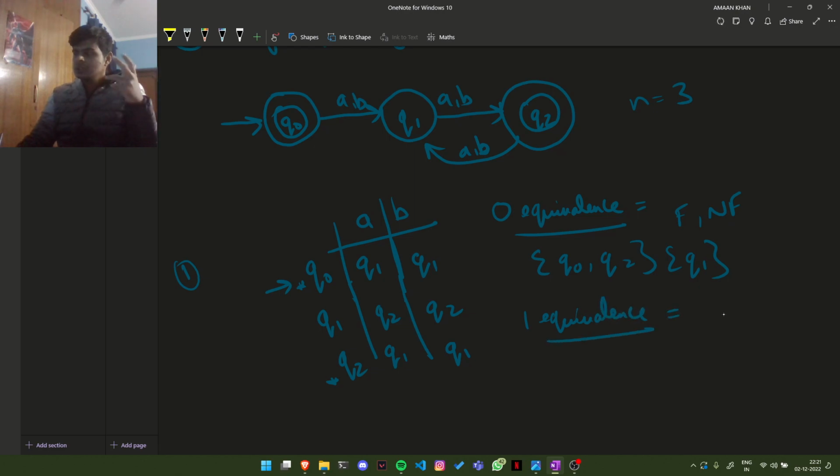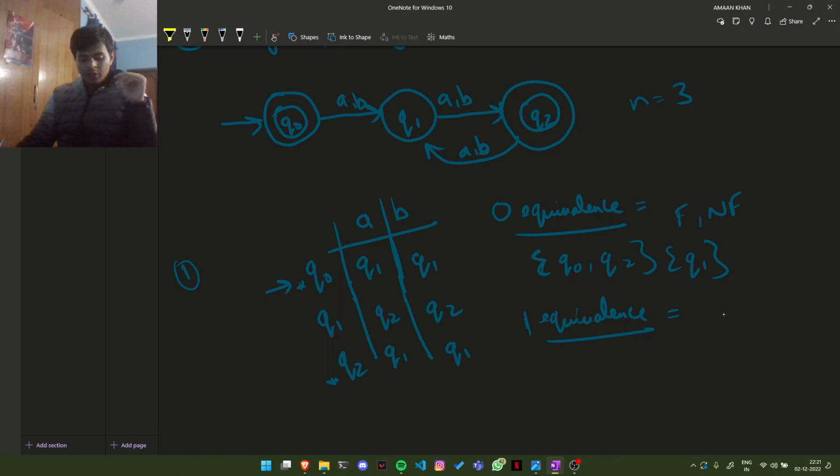What is one equivalence? I am going to see if the states in these sets are equivalent or not, or do I have to separate them? If they are equivalent, they can stay in the same set. If they are not, then they must be separated.